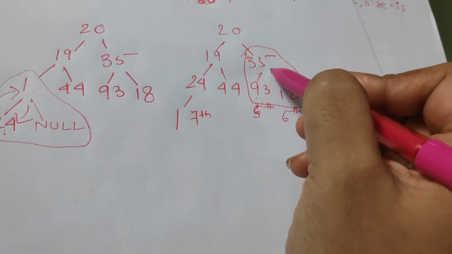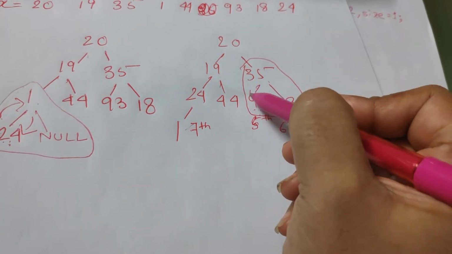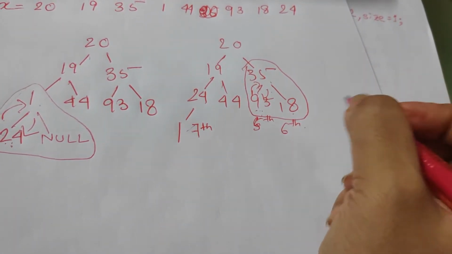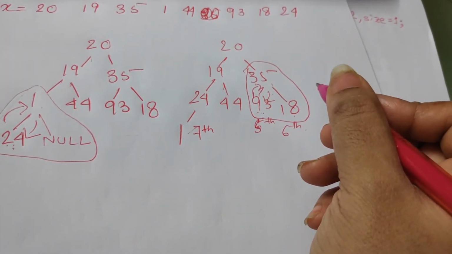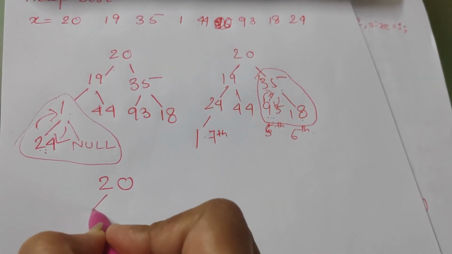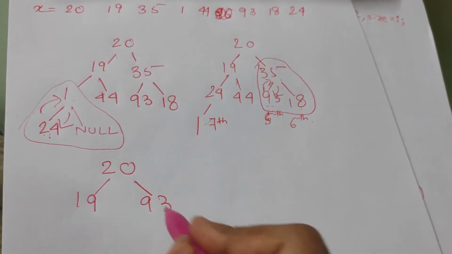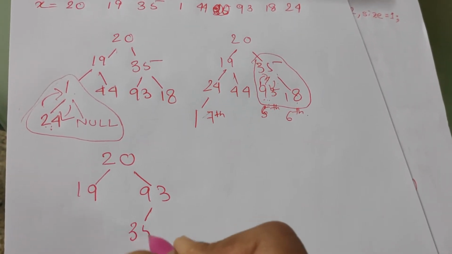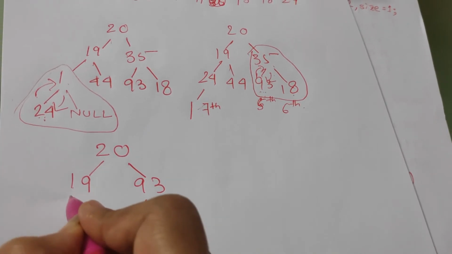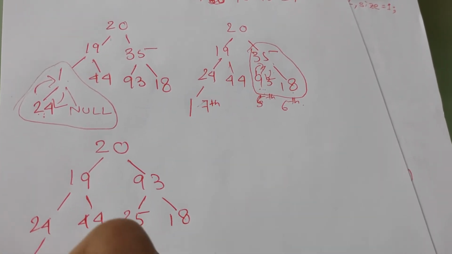So again the parent is smaller than 93. So therefore we will again have to swap to bring it closer to a max heap. So the tree would look like this. The left child of 93 will become 35, the right child is 18, then 24, 44 and 1.